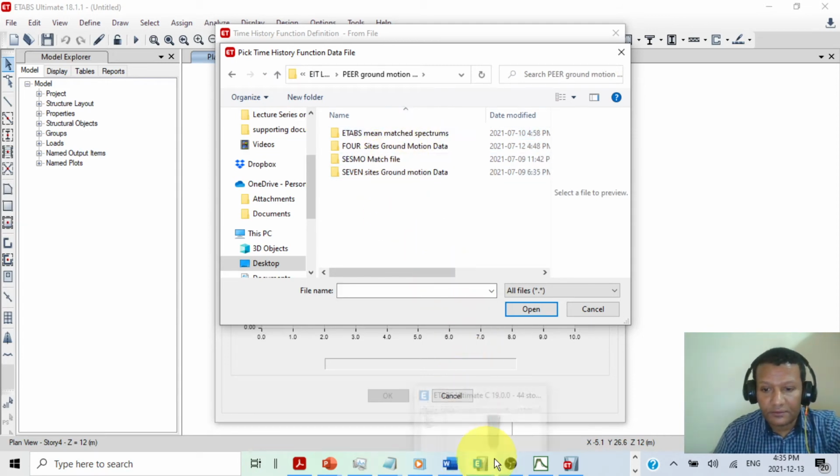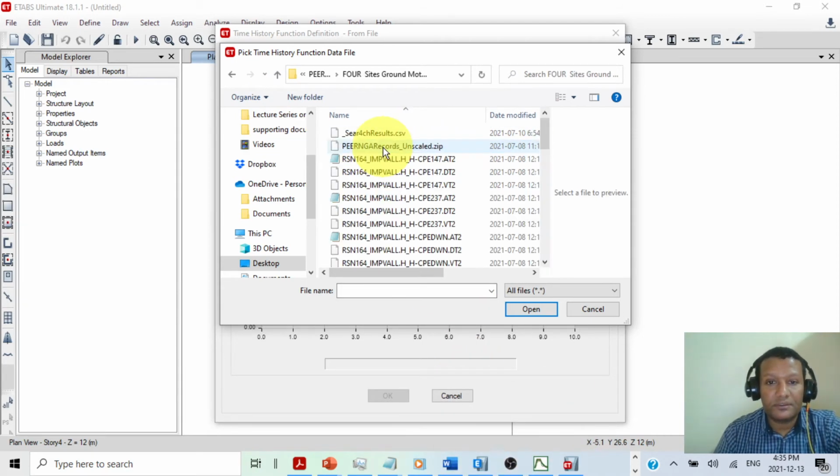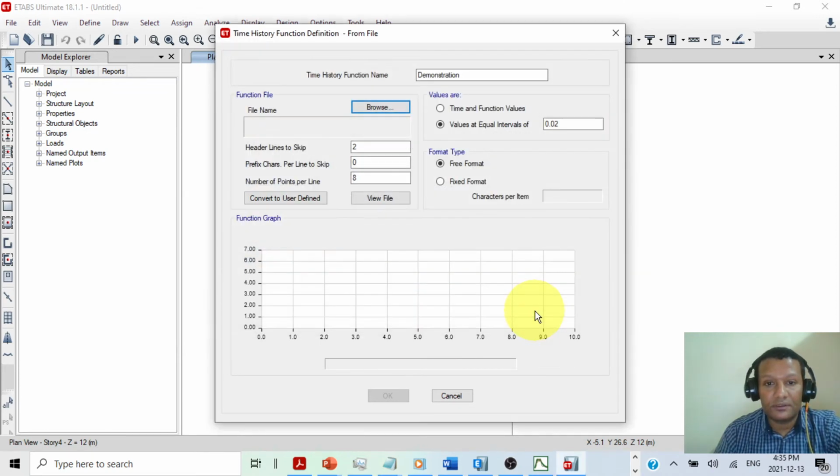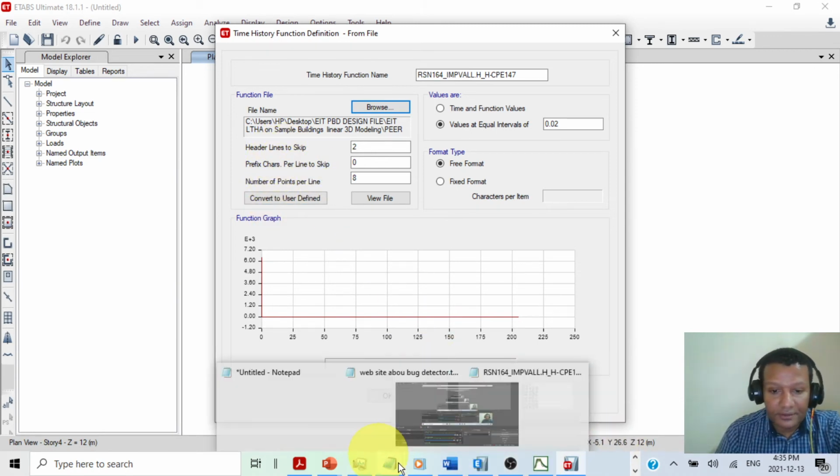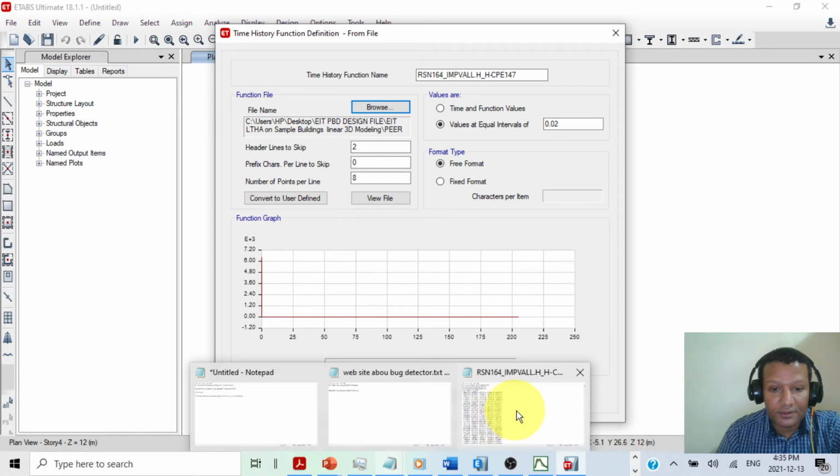Let's say which one I open, the first one, 164. Okay, now as you can see I brought it, but nothing happened here because of the header lines to skip.